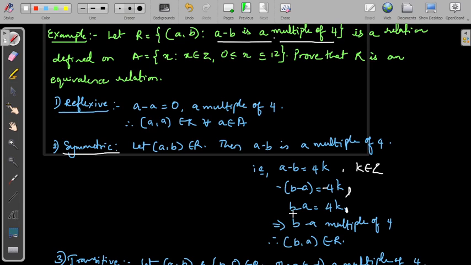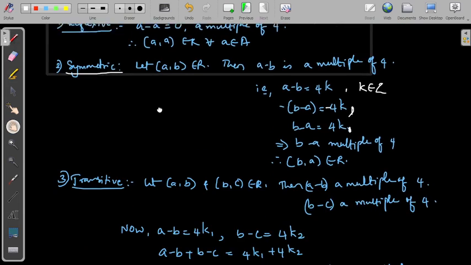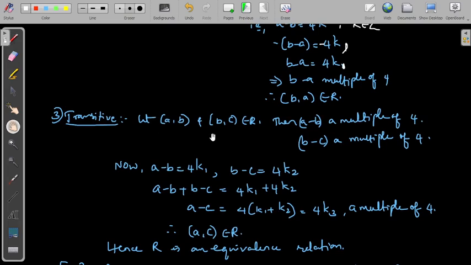Hence it becomes symmetric. Then for transitivity, take two ordered pairs of the form (a, b) and (b, c). If (a, b) and (b, c) are in R, a minus b is a multiple of 4 and b minus c is a multiple of 4. So a minus b can be written as 4 into k1 and b minus c as 4 into k2, because they are multiples of 4, where k1, k2 are some integers.